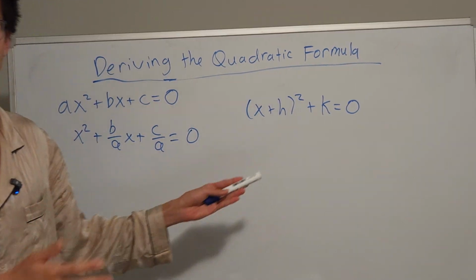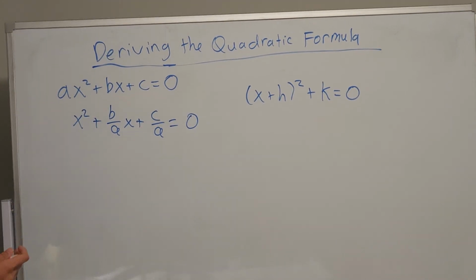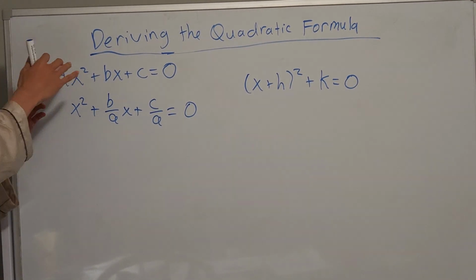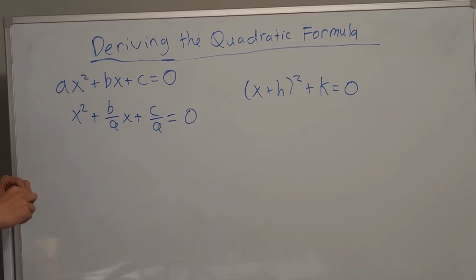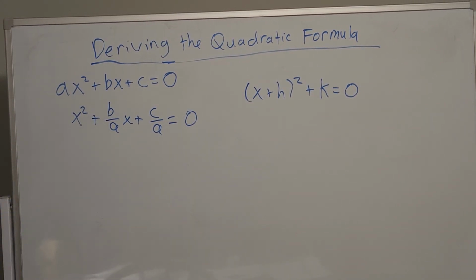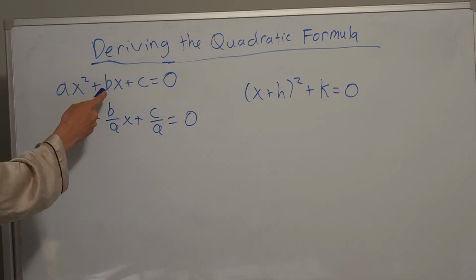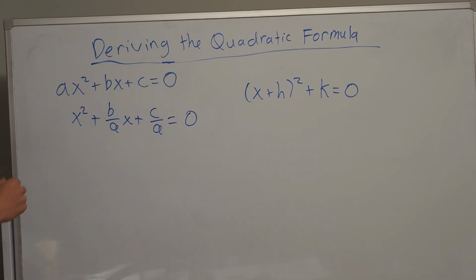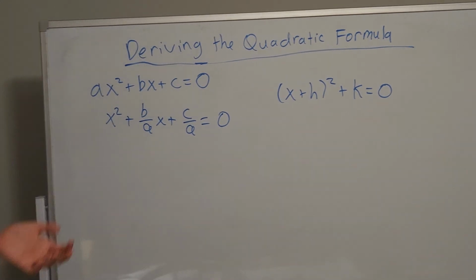The reason why this is more helpful than this is that when there's an exponent, you want to use the square root in order to isolate the x. But we can't do this here because we have a bx right here, and if we try to rearrange this and then take the square root, it's not really easy to solve.